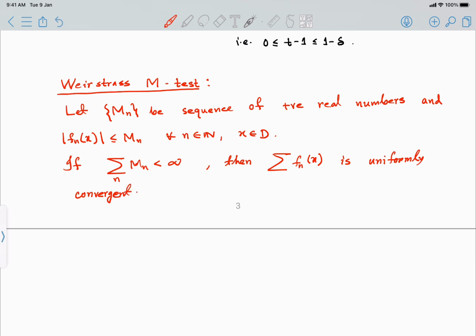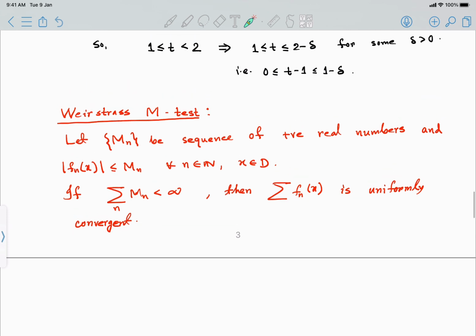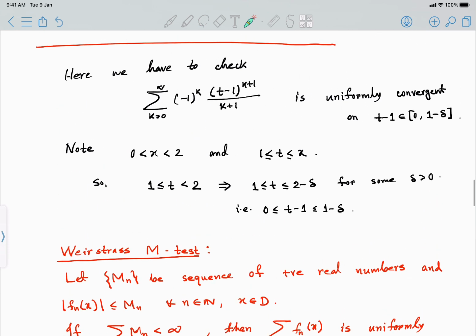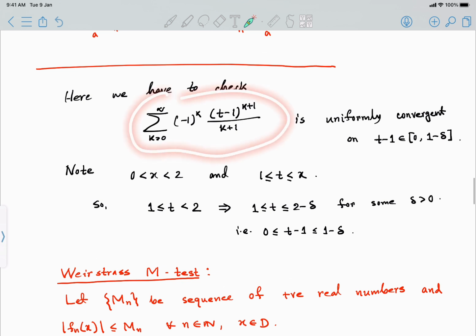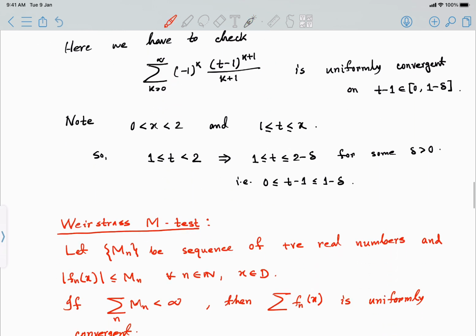So it is saying that if each f_n is dominated by M_n, where summation M_n is convergent, then the series is uniformly convergent. We will use this Weierstrass test to prove that this series is uniformly convergent. For that we need a sequence of positive real numbers, so here we will take the modulus. Let's check.